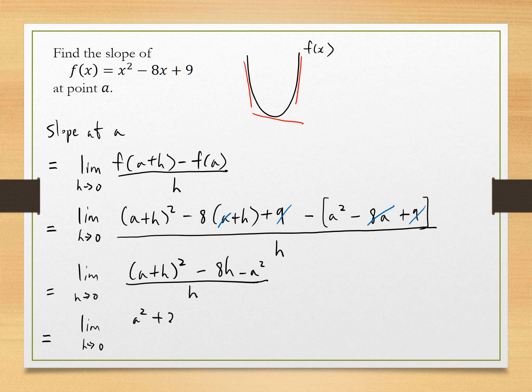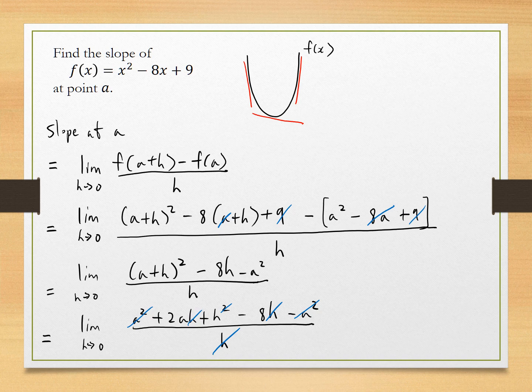So a squared plus 2ah plus h squared minus 8h, minus a squared, divided by h. Clearly a squared cancels out, and notice that you have h in all terms on the numerator, and you also have h in the denominator, so you can cancel out the h.